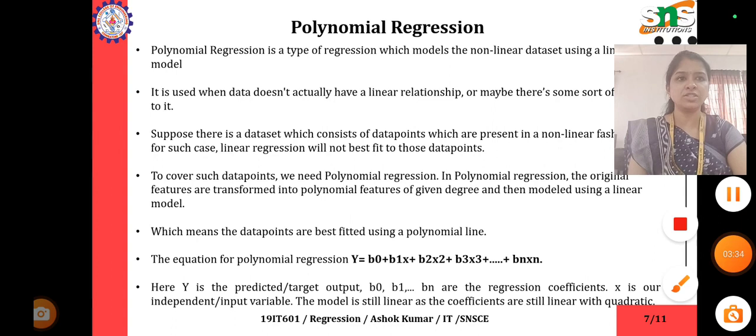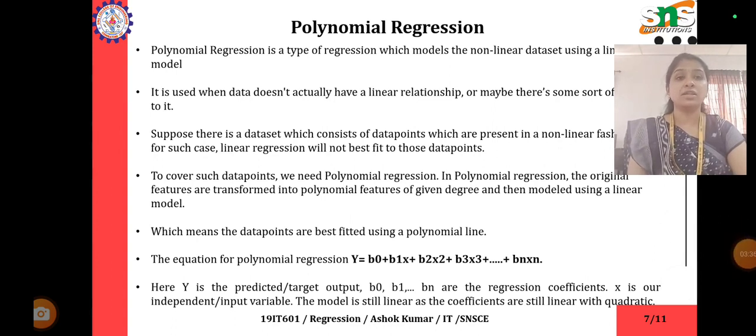In polynomial regression, the original features are transformed into polynomial features of a given degree and then modeled using a linear model, which means the data points are best fitted using a polynomial line. The equation for polynomial regression: y is equal to b0 plus b1x plus b2x squared plus b3x cubed and so on up to bn x to the n.